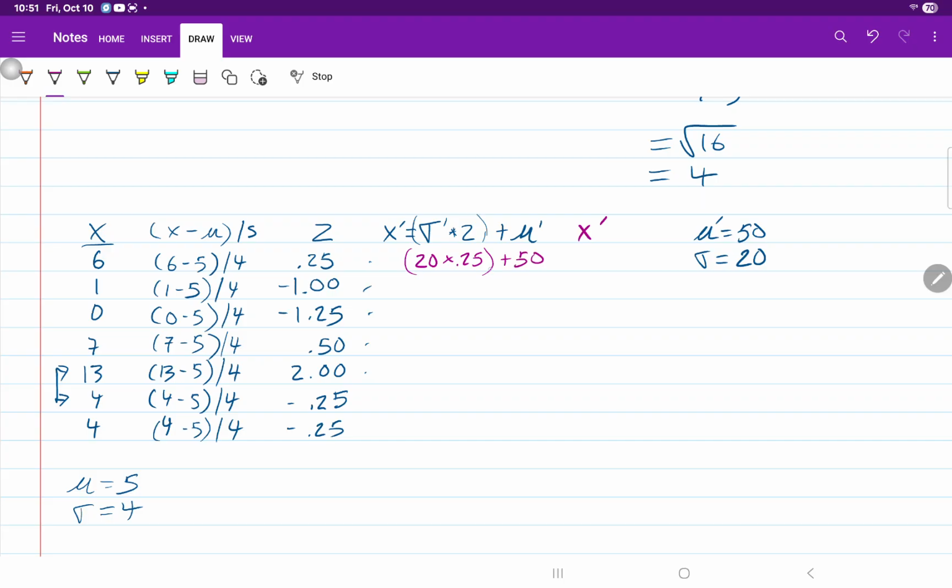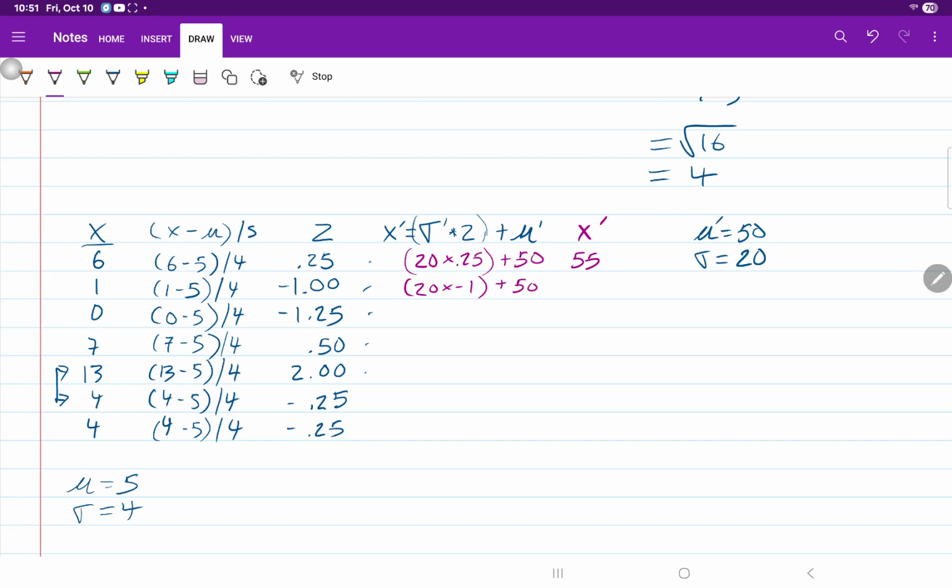And 20 times 0.25 is 5. So our first one will be 5 plus 50. And our raw score x prime is 55. For our next one, again, we'll have that 20. This time times -1 plus 50.